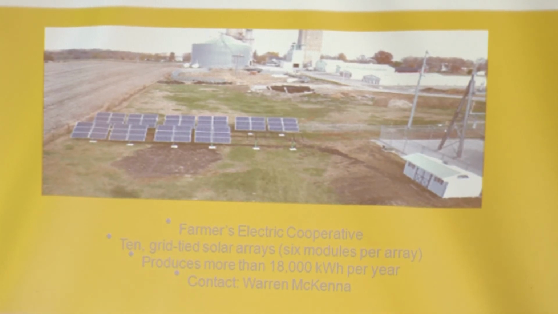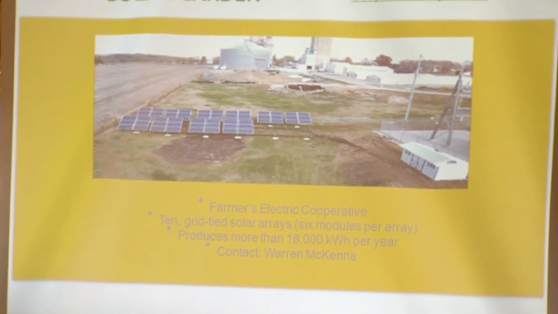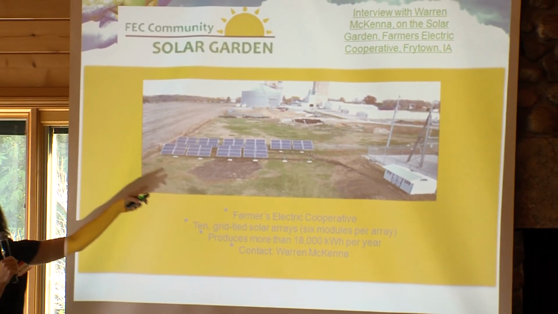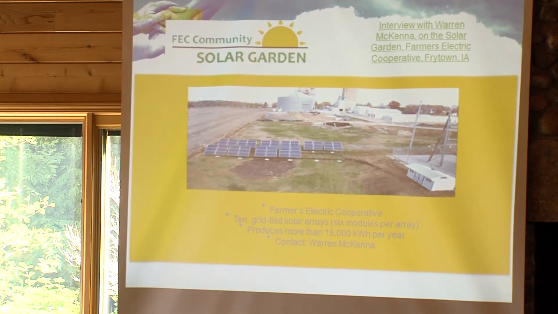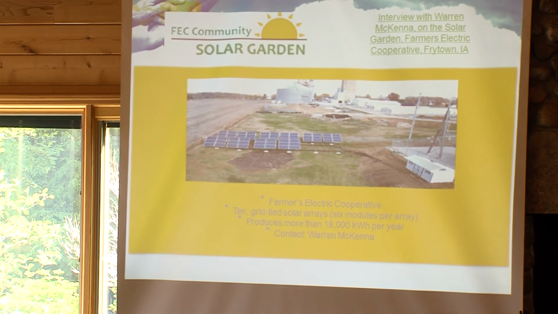And what he and his staff have done there is that they've said, you know what, we're going to remove this first cost for our members, and we're going to install a solar garden on the back of our facilities, and then we'll let our members decide how many of those panels they want to pay for. Not the wrapping, not all the interconnecting, and not all the trenching, and all that stuff, just the panel.